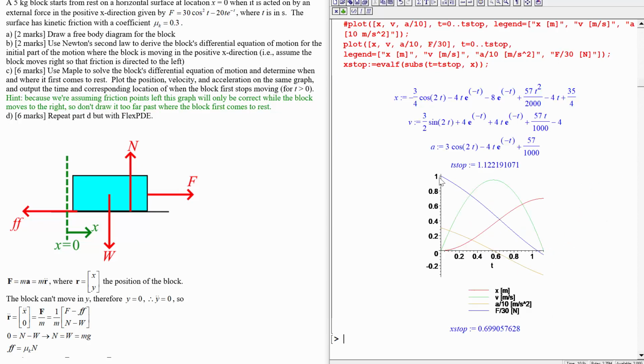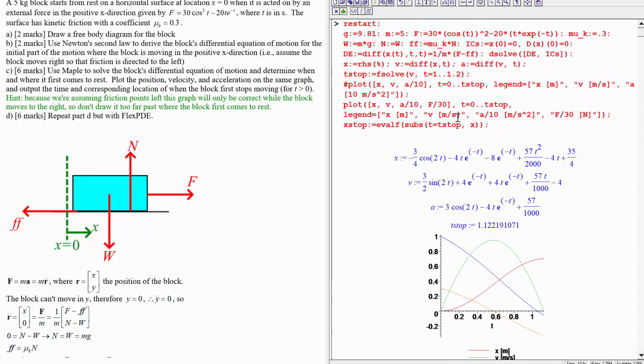Looking at this, you see the force starts up high and then it goes down, but the point where the acceleration goes to negative is not the same as the point where the force goes below zero. Why is that? Well, because we're competing with the friction force. So probably this point is where the force is going to be the same magnitude as the friction force.